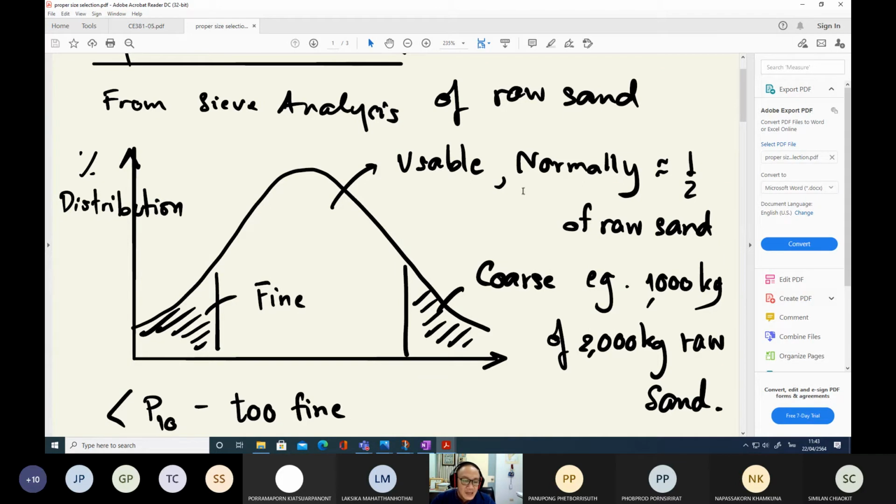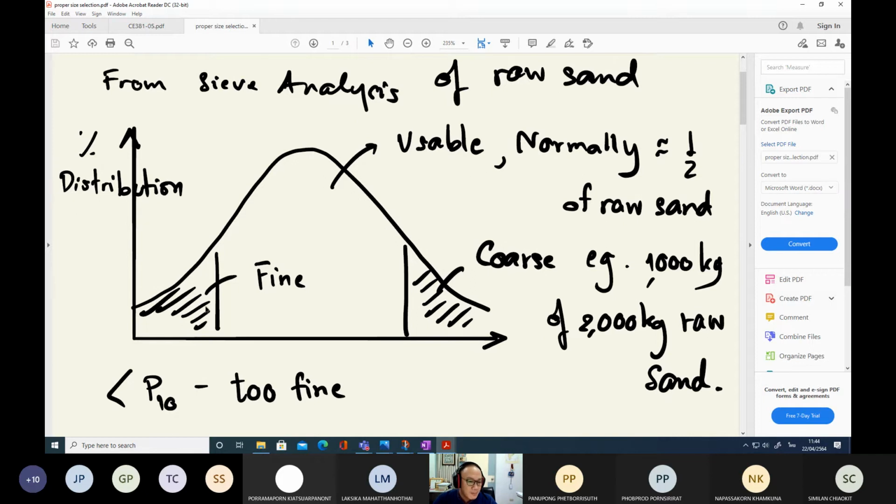Normally, if we take river sands and perform a sieve analysis, we will get a normal distribution, something like this. Some of them will be too fine and some of them will be too coarse. We don't want the too fine and the too coarse. We only want this part. This is normally called the usable part. The usable sand is normally only half of the raw sand.